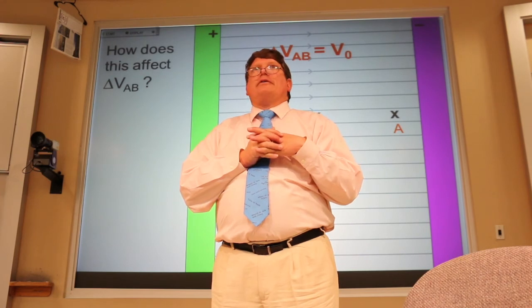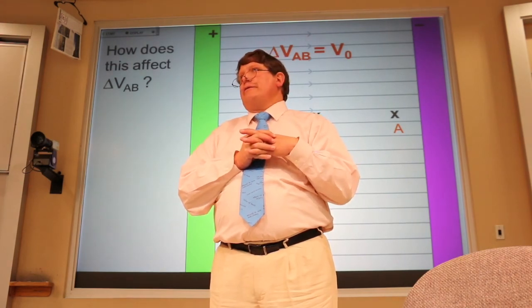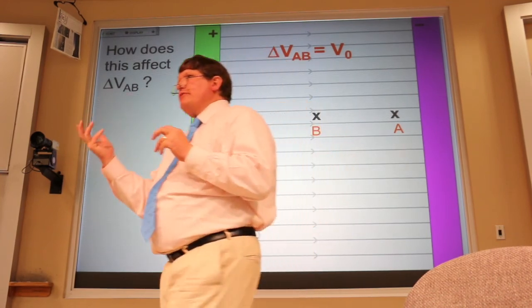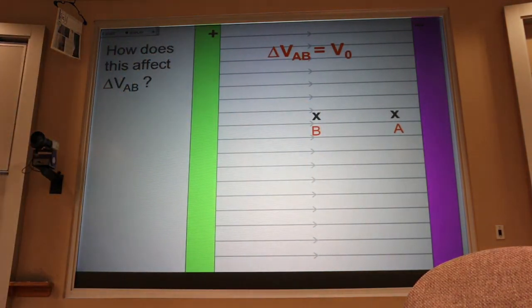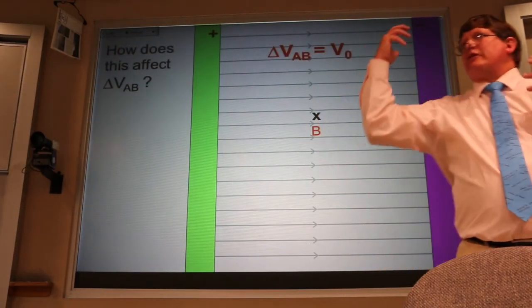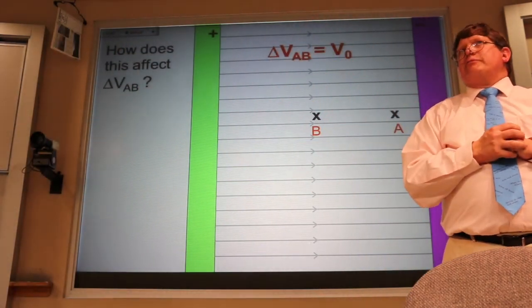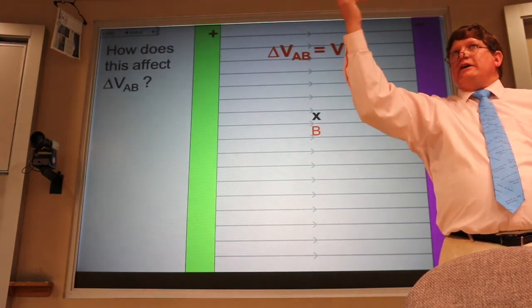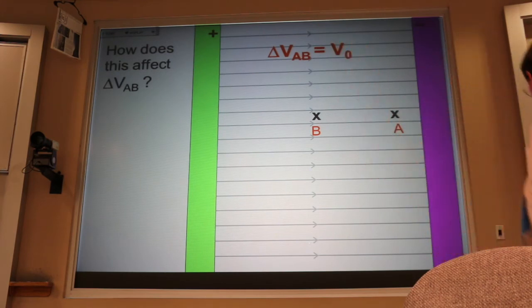Instead of 300 joules of work, I do 150 joules of work. Okay? So, half the distance, half the voltage. What I'm getting here is that the electric field times the distance is my voltage. E is the electric field, d is the distance. Let me show you that.